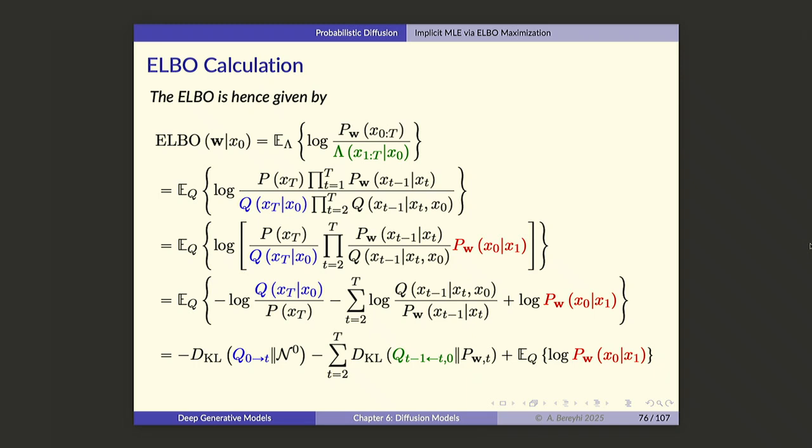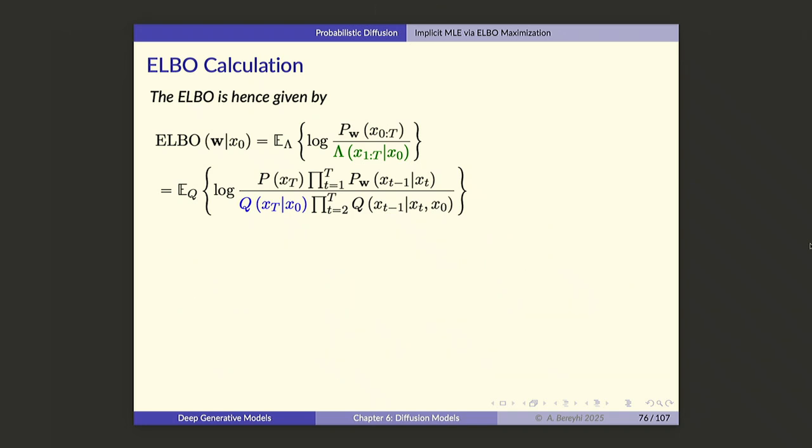Everybody's cool? Questions? Yeah. Which one? In here? So yes, the thing that I did here, you just start t from 2, then you're going to have one extra term, right? So you can write it down, the product t from 2 to t of that term that you have, p_w of xt minus 1 given xt.